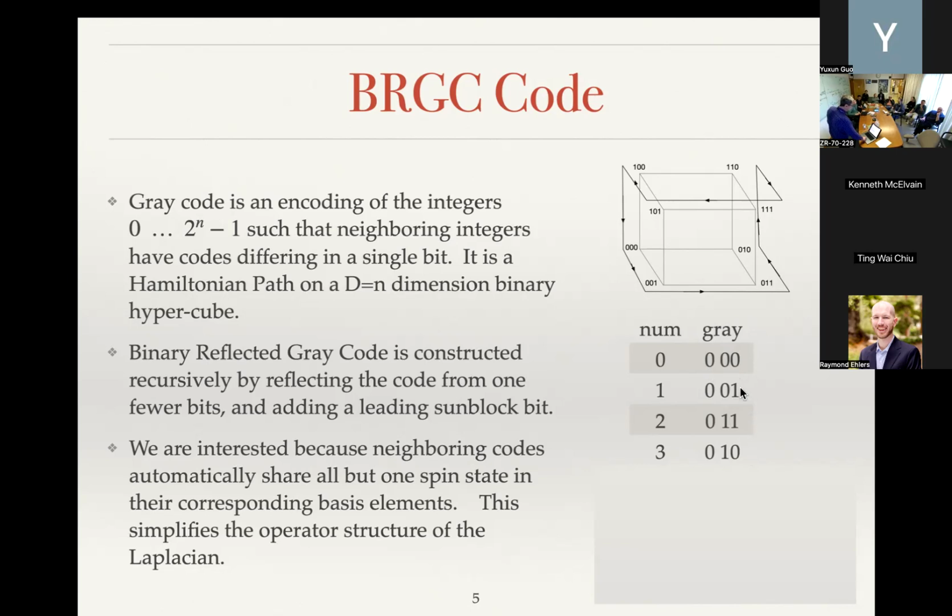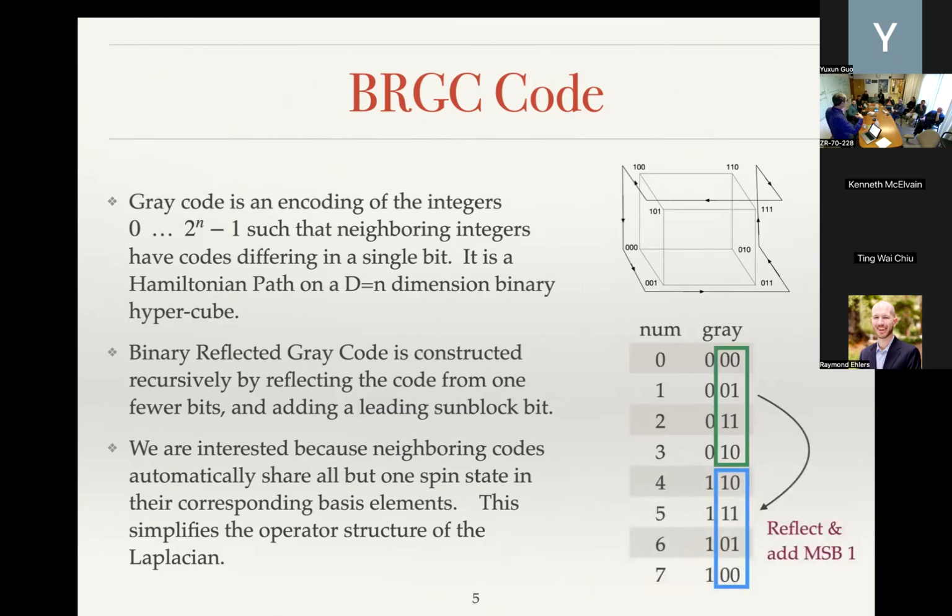Well, the reason is that the transitions involve a single bit change. I'm arranging this code so that as you go down the sequence, the transition from one encoding to the next involves a single bit flip. Okay?